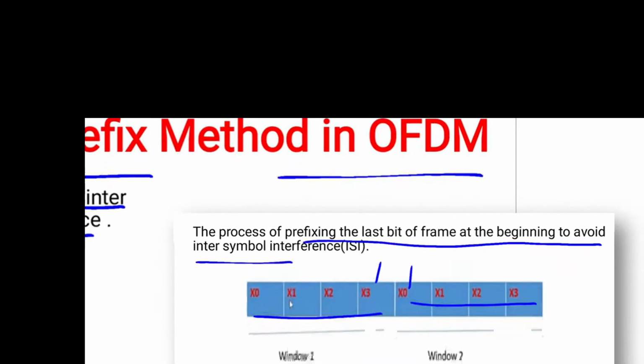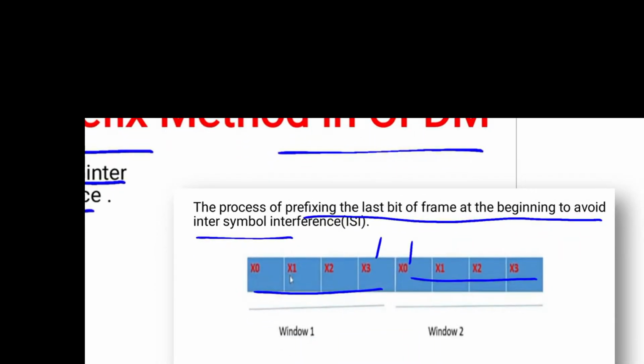It is the process of prefixing the last bit of the frame at the beginning to avoid inter-symbol interference. You see this originally is X3, so it will have a prefix X3 here. That's window 1, window 2.